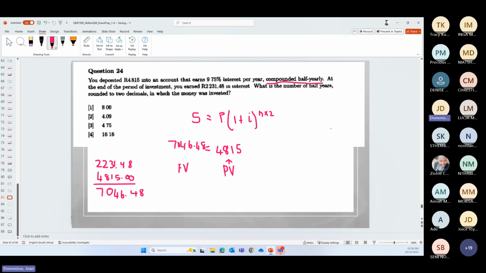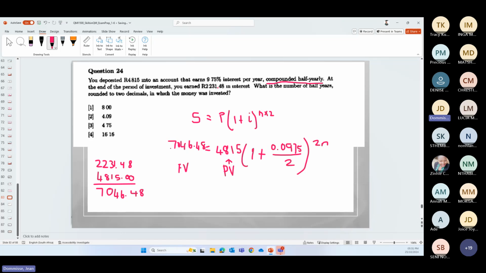We have our interest, which is 0.0975. That is divided by 2 because it is half yearly, and that is to the power of 2n. Okay, so let's use the financial calculator, and then we will also work it out without a financial calculator.